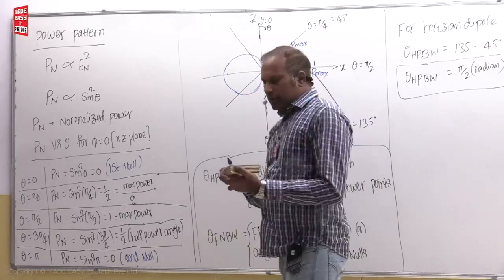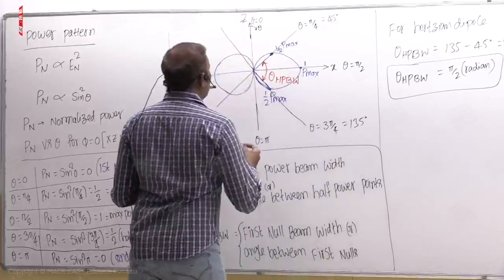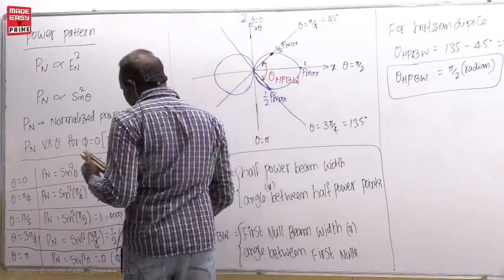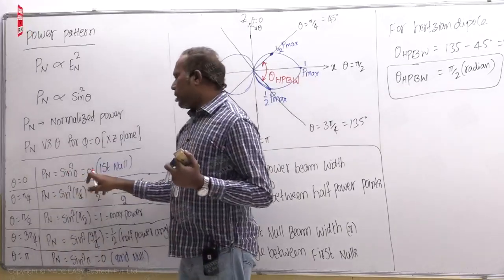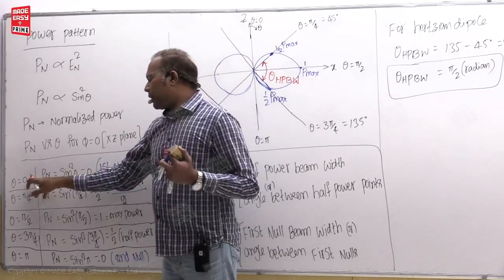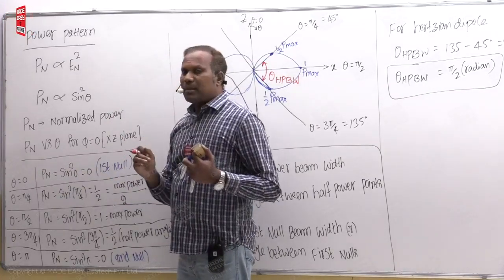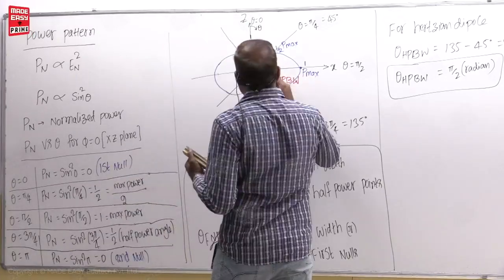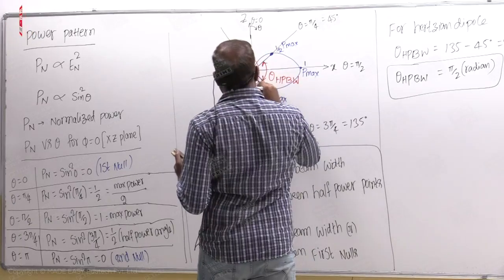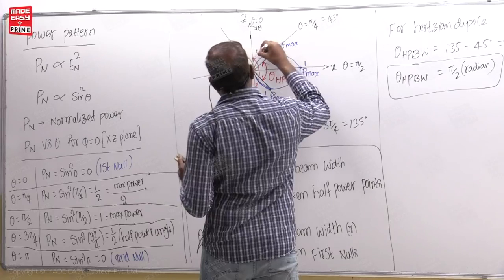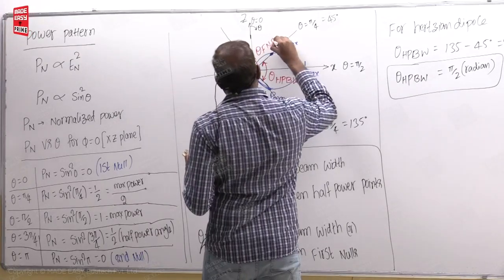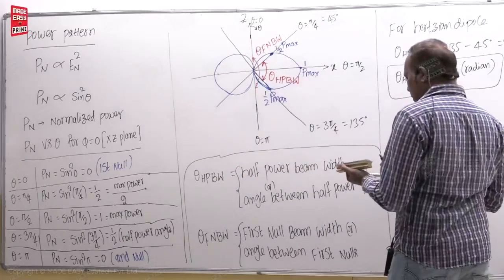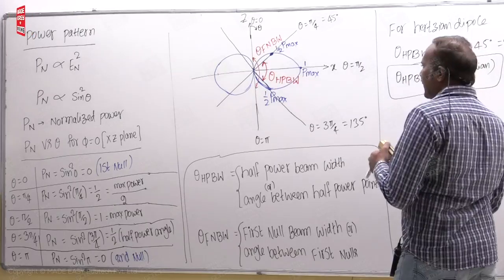So theta is equal to 0 you have first null, again at theta equal to 180 degrees, because sine theta is 0 whenever theta is 0, and again the sine function becomes 0 whenever theta becomes 180. From here to here, this angle is called theta FNBW. So for Hertzian dipole, this value is actually 180 degrees, students.